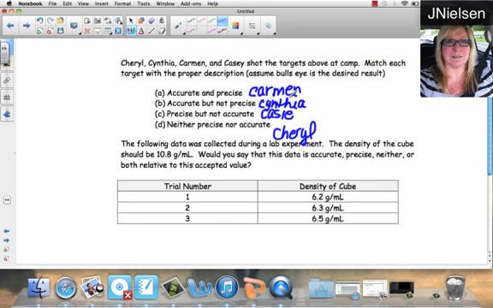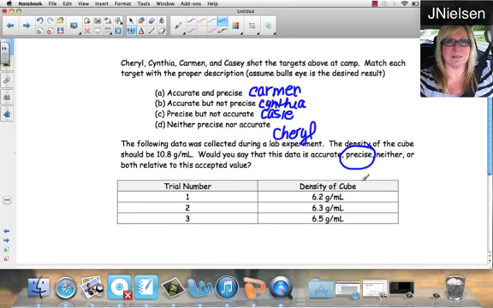Okay, moving on. The following data was collected during a lab experiment. The density of the cube should be 10.8 grams per milliliter. Would you say that this data is accurate, precise, neither, or both relative to the accepted value? Well, if it was 10.8, it's definitely not accurate. However, 6.2, 6.3, 6.5 are all in the same range, so we could say that the data is precise.